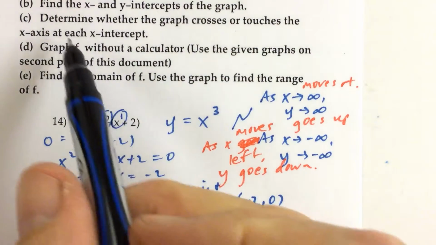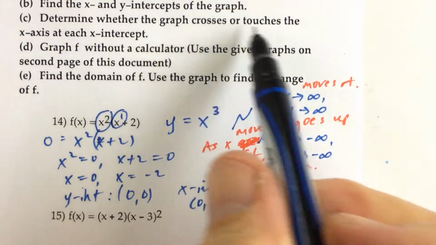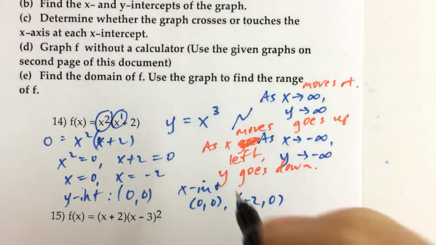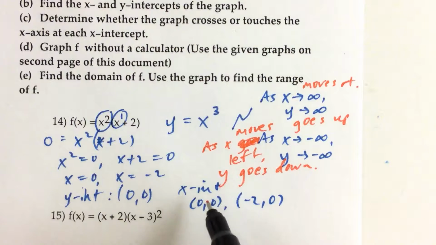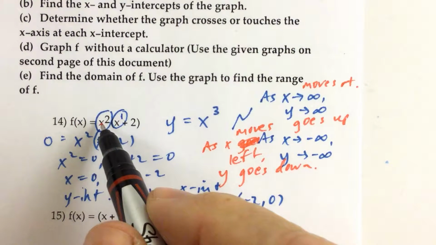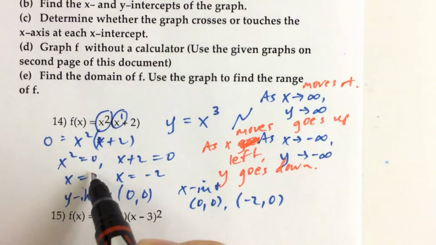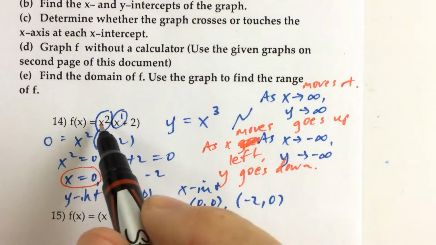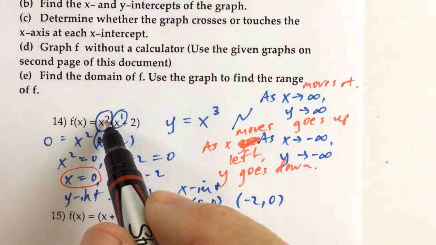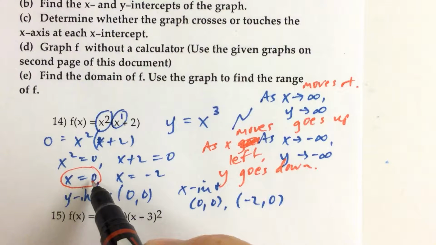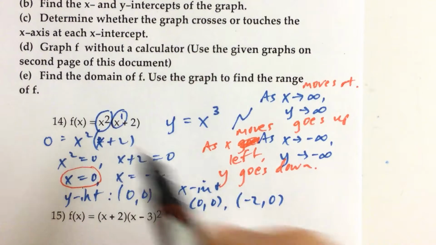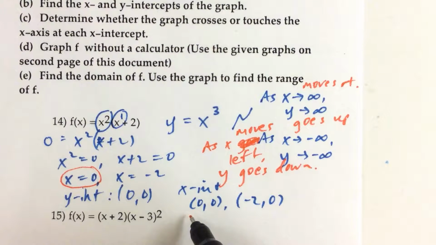Let's see. Determine whether the graph crosses or touches the x-axis at each intercept. So we can write that right here. At the (0, 0), what would happen is, since x equals 0 is a zero, and x is being squared, x equals 0 being a zero means that x minus 0, or just x, is a factor of the polynomial, and the factor is being squared, so we would say the multiplicity is 2.